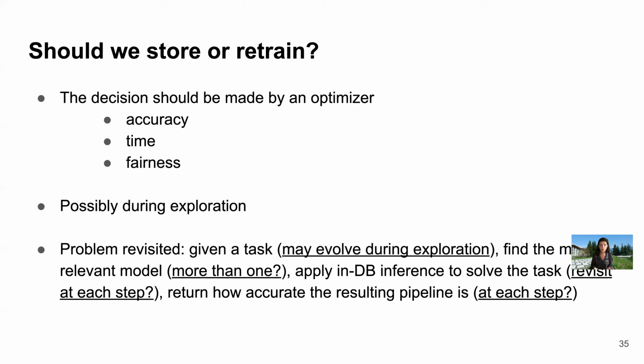So if I revisit my problem, I'm given a task that itself may evolve during exploration. I'm going to be finding the most relevant model or the most relevant pipeline, maybe more than one. Apply in-DB inference to solve the task, and that inference may be revisited at each step or at each n steps if I allow the task to evolve, and then return how accurate the resulting pipeline is.